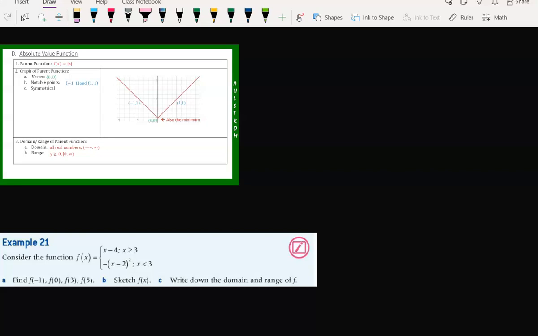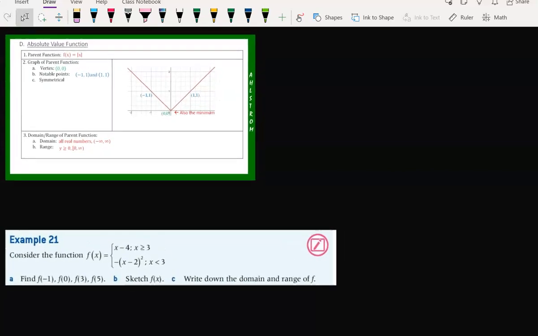Hi guys. So this is the last special function that they talk about in section 2.2, that we've been on forever. It's called the piecewise function.